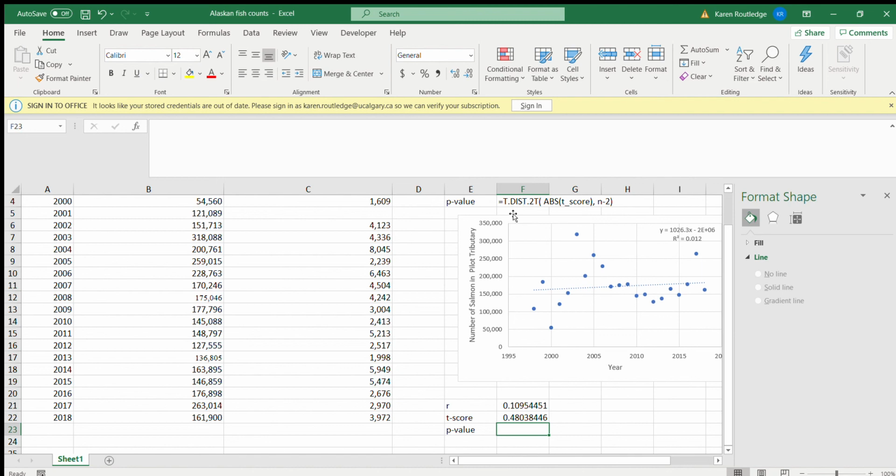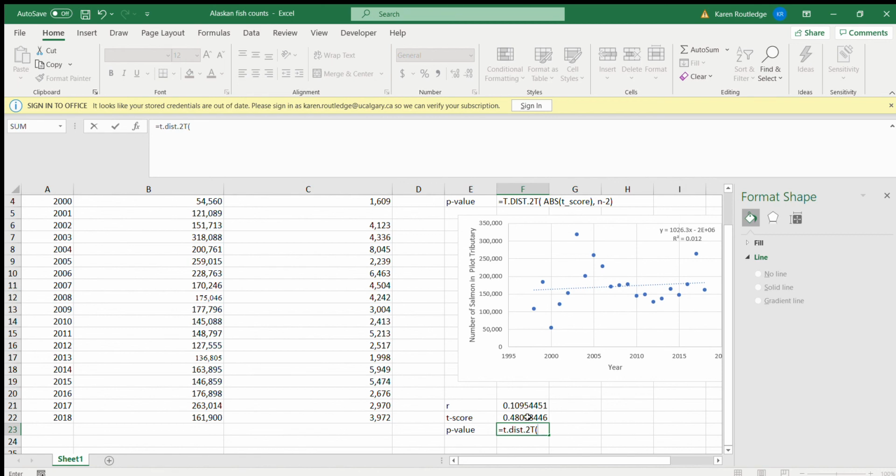So we want a probability, and we have a distance via the t-score. So that's what we put in, just like we did for hypothesis tests using the t-distribution. So t dot dist dot two-tailed. Here we need the absolute value of the t-score because that dot 2t doesn't understand negative signs.